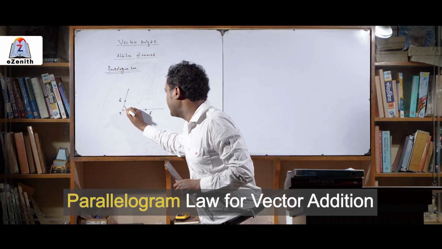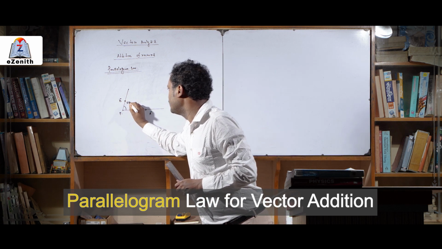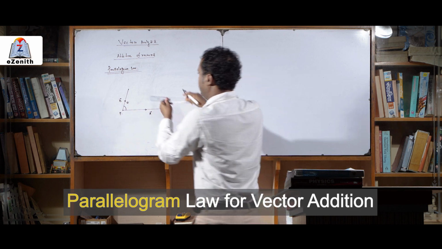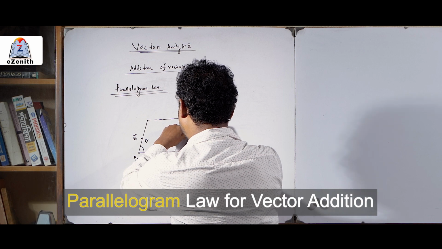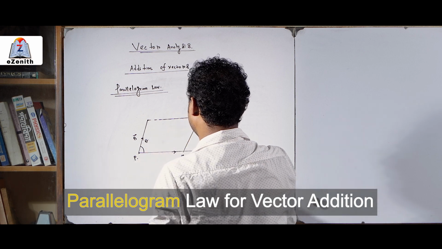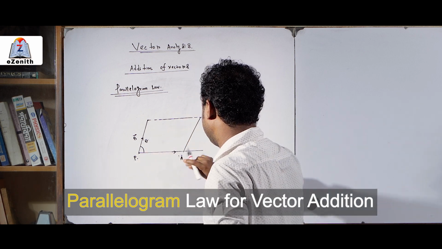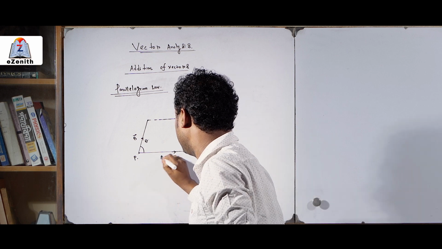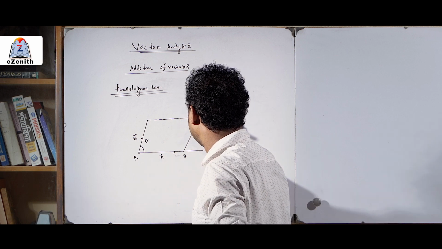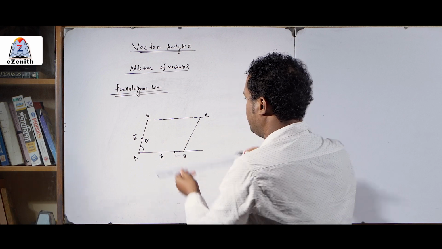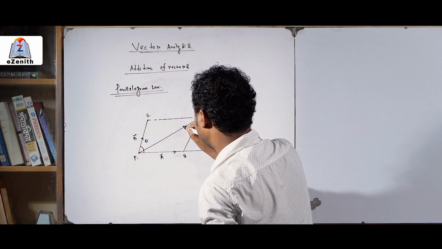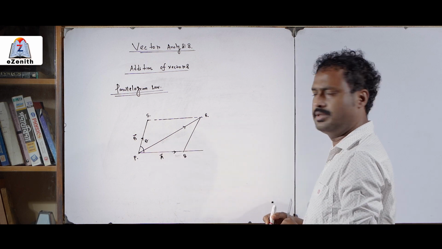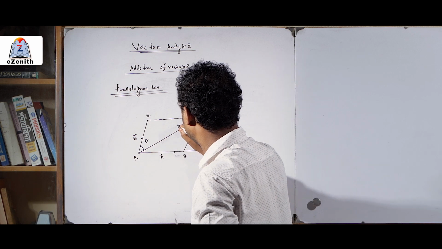And if theta is the angle between them, then if we draw a parallelogram like that, and name the parallelogram PQRS, then the diagonal PR is the resultant.